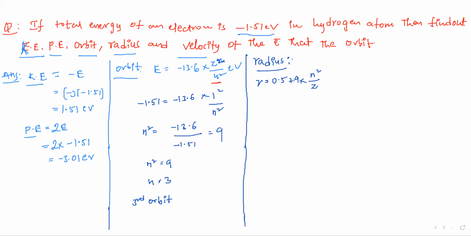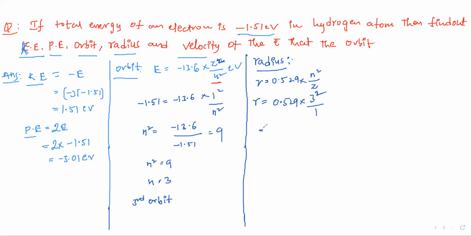So here R equals 0.529 into N square, which is the third orbit, so 3 square by Z, which is 1.